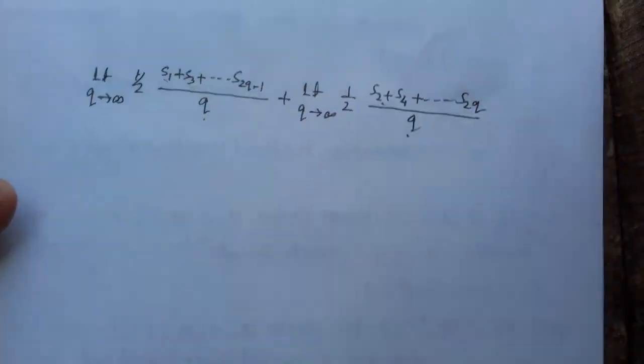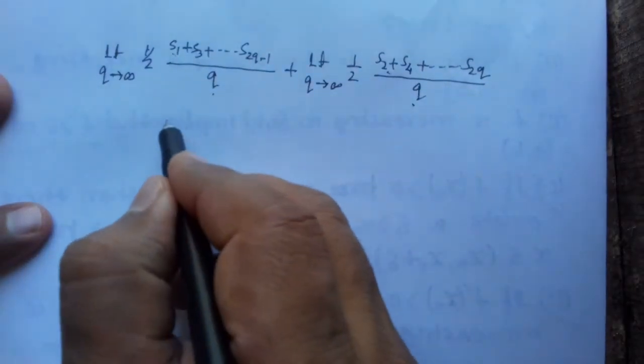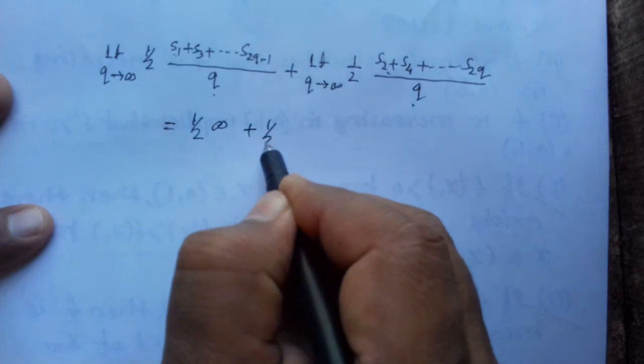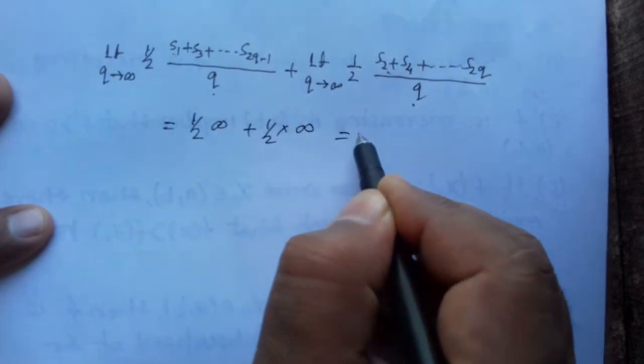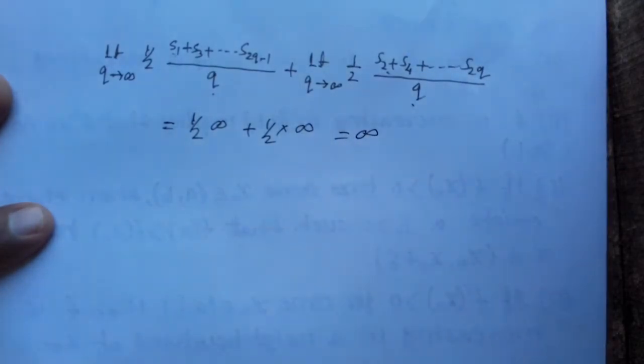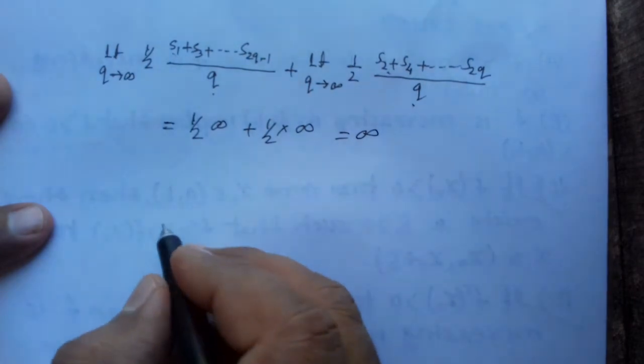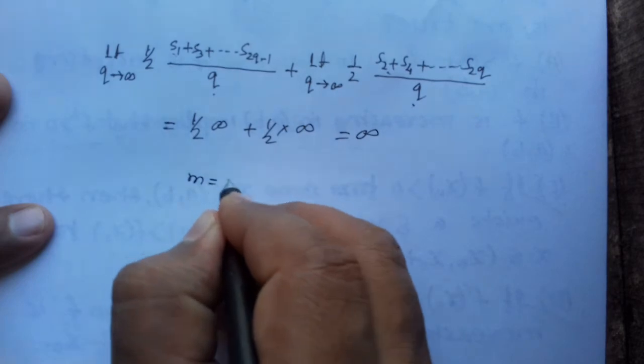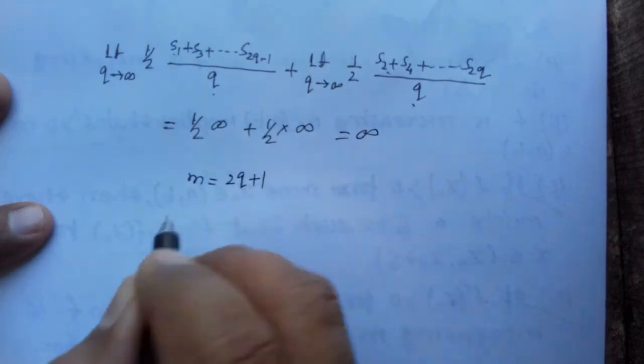So this will be half into infinity plus half into infinity, and this comes out to be infinity.